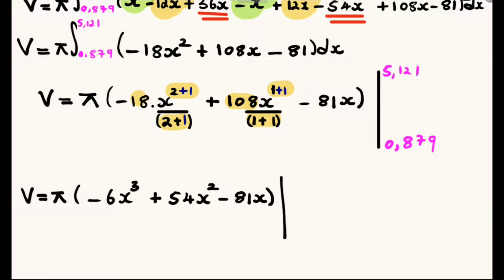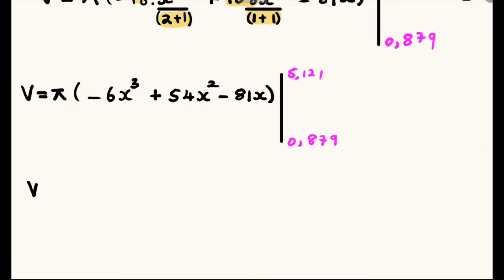We have our boundaries as 5,121 and 0,879. Now we substitute. We start with the bigger number.